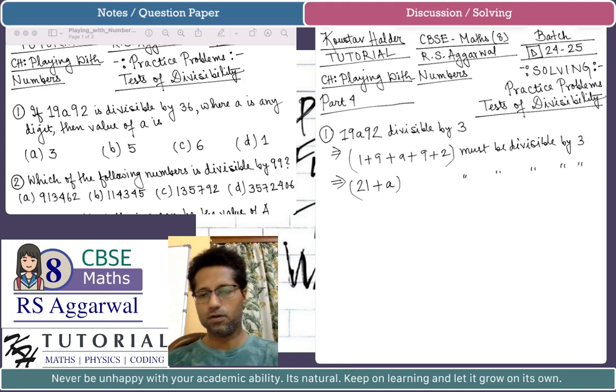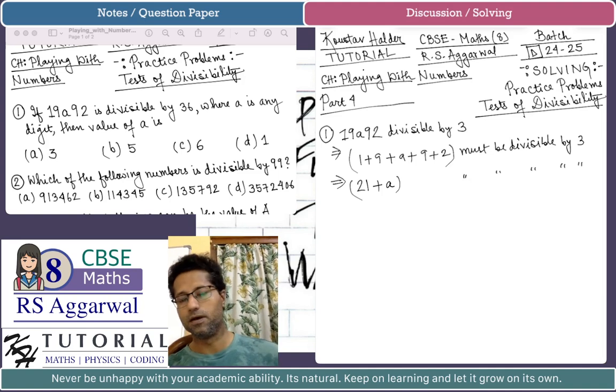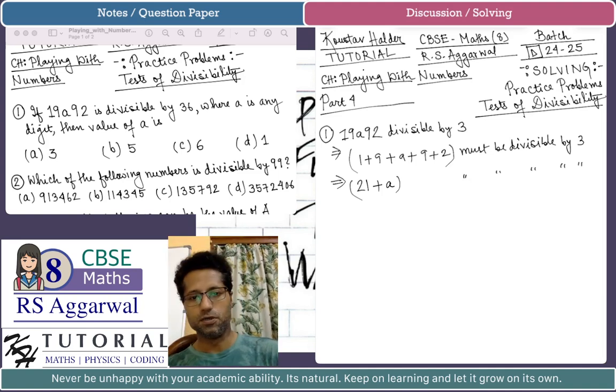Now what can the value of A be? A is a digit, so it can have values from 0 to 9. If A is 0, then 21 is obviously divisible by 3, but the option 0 is not there in the choices. So you have to check. A can be 3.